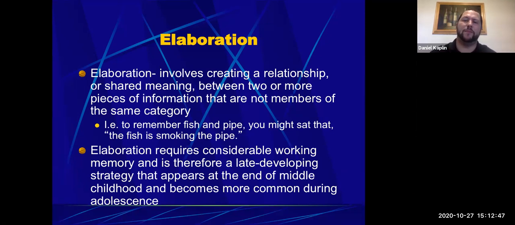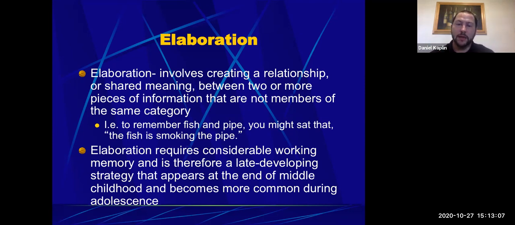So let's say you had to remember fish and pipe. You might say that the fish is smoking the pipe. So that's elaboration. Now, you can envision Dr. Seuss and the fish smoking a pipe. Whatever mental imagery you have, you're going to link those words together.